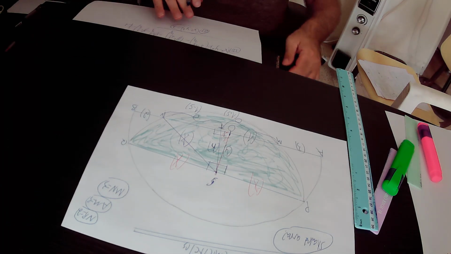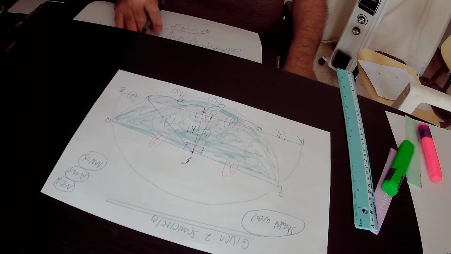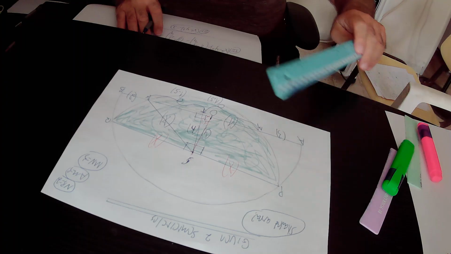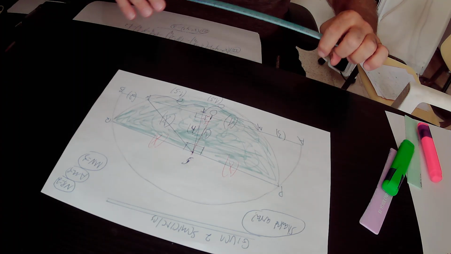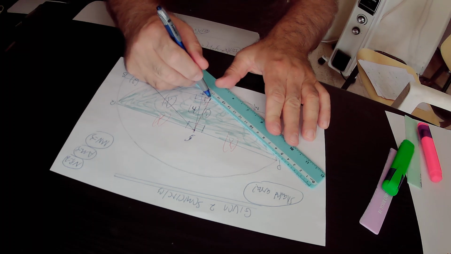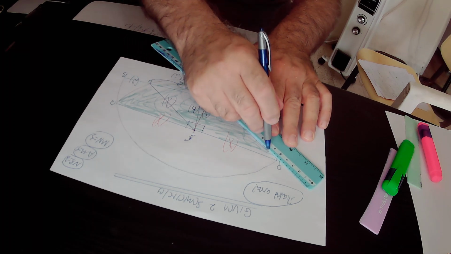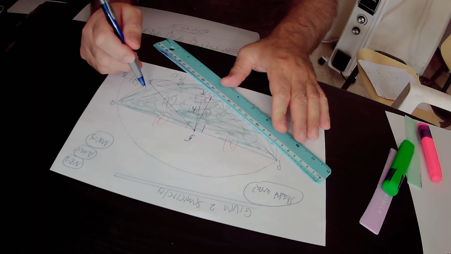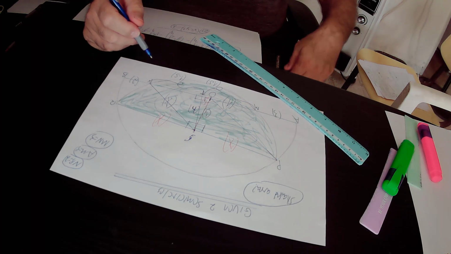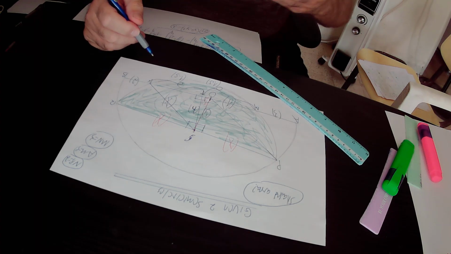In the next step, we will join points O and P together by a straight line. Point O is the center of the big semicircle, point P is the point of the big semicircle itself.